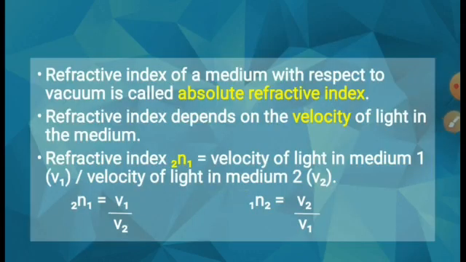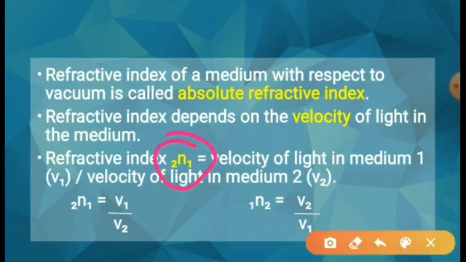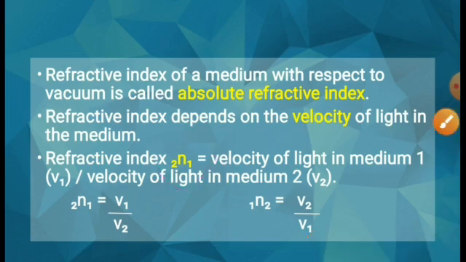The refractive index of the second medium with respect to the first medium is written in this way, which is equal to the velocity of light in medium 1, that is v1, divided by the velocity of light in medium 2, that is v2.